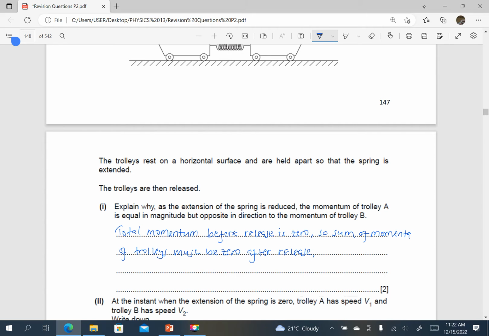And if the sum of the momenta is to be zero, they must be in opposite directions.